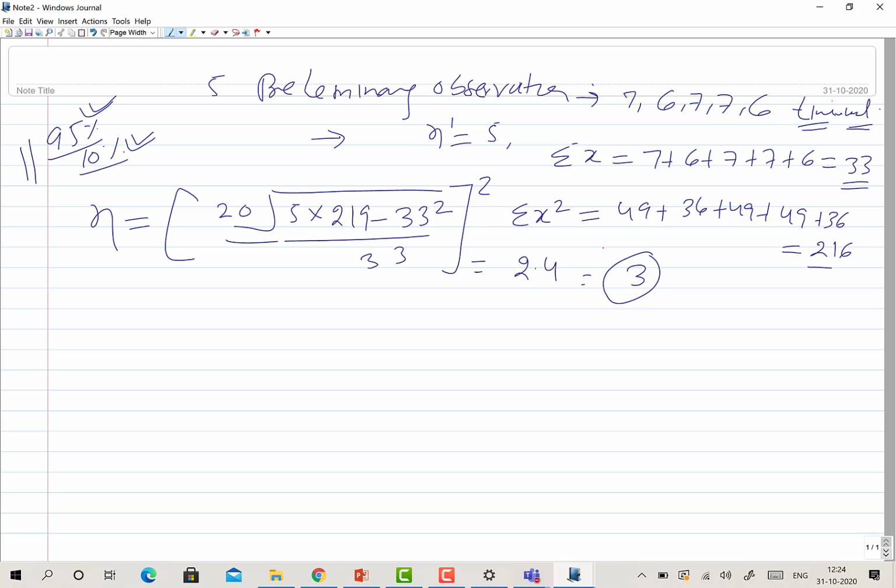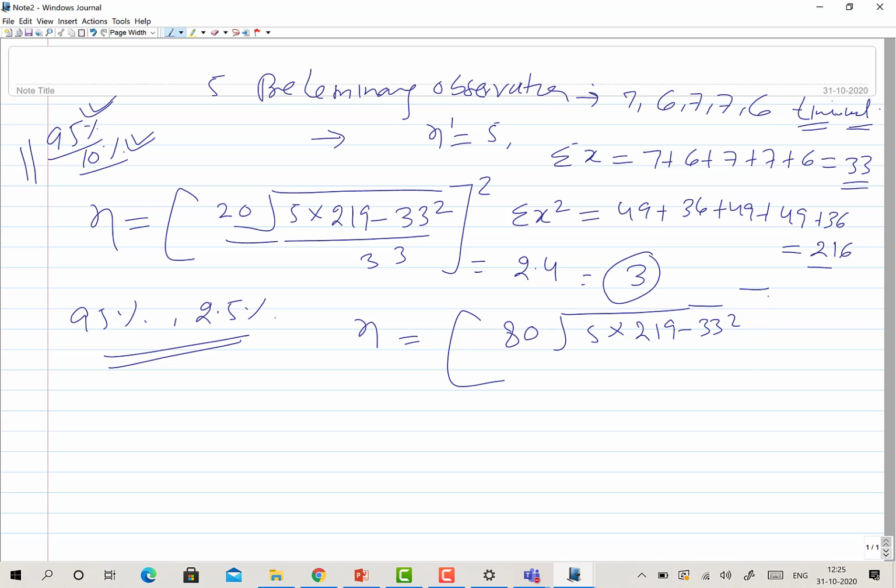And if we want more precision, say for 95% confidence level and 2.5% accuracy or error in the data, the value of n will simply be updated: 80 into the square root of 5 into 219 minus 33 square, divided by 33, whole square. This will give us the value of 35.828, meaning 36 observations need to be taken.